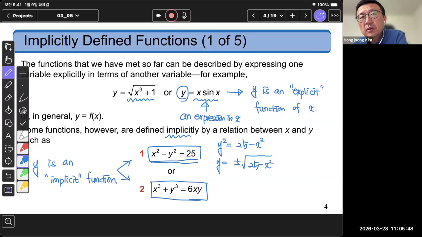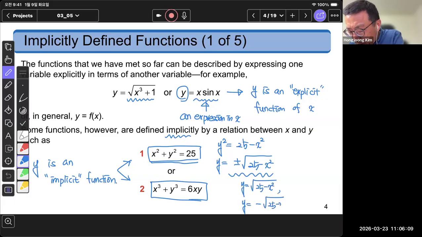In other words, one implicit function introduces two explicit functions, right? So y equals the square root of 25 minus x squared, and y equals negative square root of 25 minus x squared. Anyway, the point is, given this implicit relation, I can derive some explicit definitions in case of number 1.